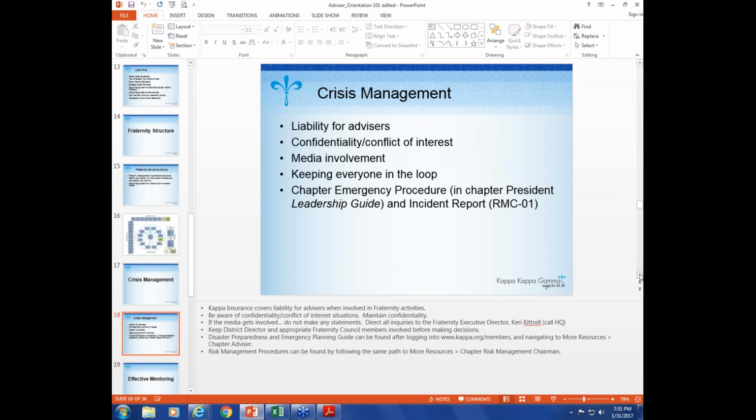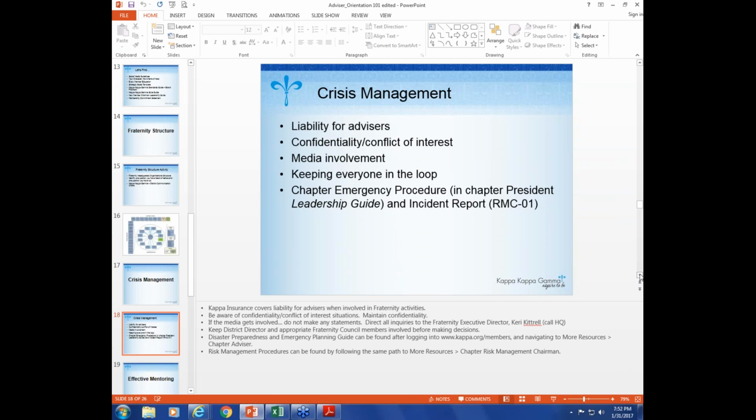This particular slide, though, deals with advisors. So you need to know that the CAPA insurance covers liability for all advisors when you're involved in fraternity activities, as long as we are following our guidelines, our documents. So that's why we stress knowing what those documents say.